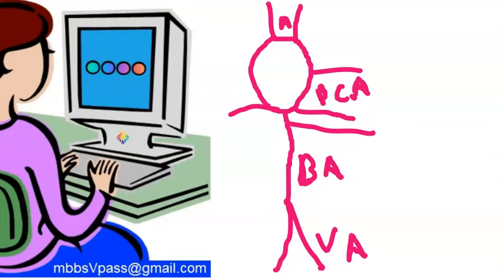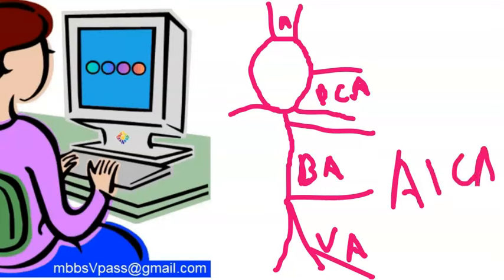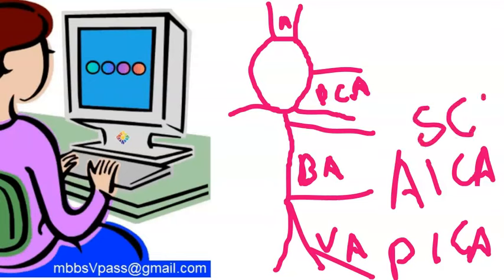Now inferior. In inferior you have anterior and posterior. So anterior inferior cerebellar artery, posterior inferior cerebellar artery, and this was the superior cerebellar artery. Does it look like a man with two horns?